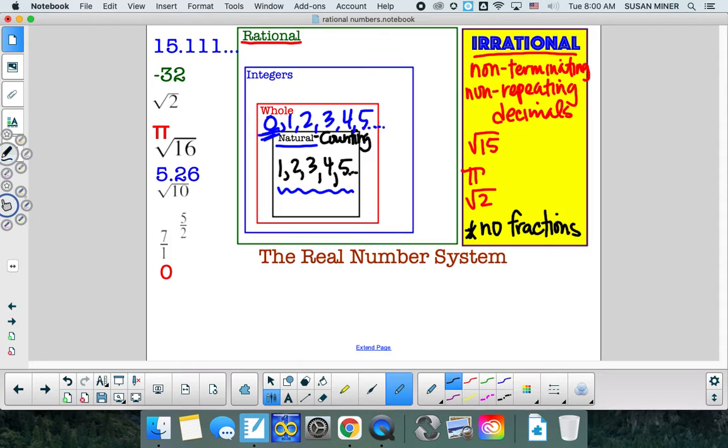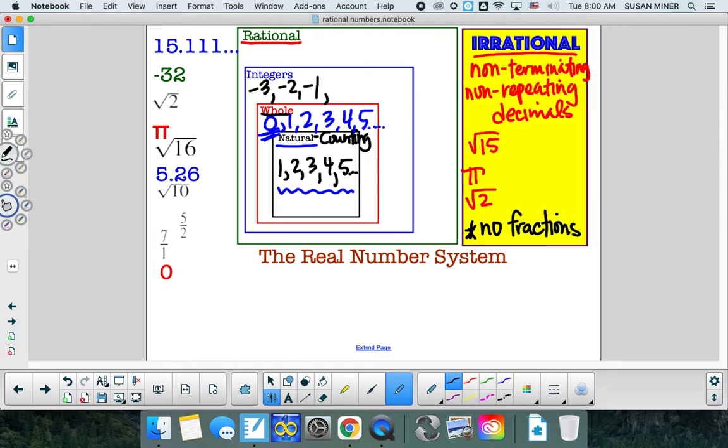Well, then humans realized, hey, what about people who have less than nothing? What about people who owe stuff, right? We've got to have a number to represent that. And so we came up with the negative numbers, -3, -2, -1, and then the integers group includes all the negative whole numbers.